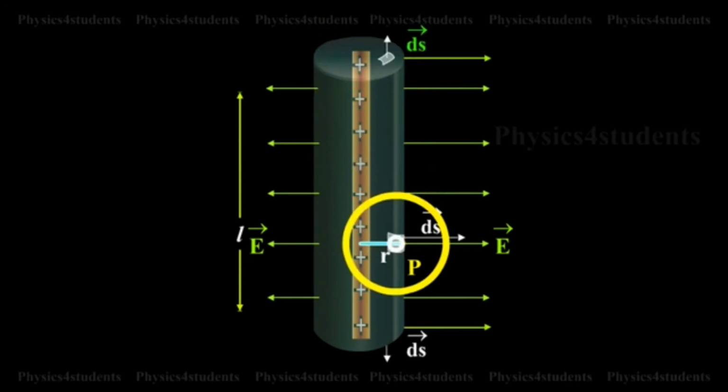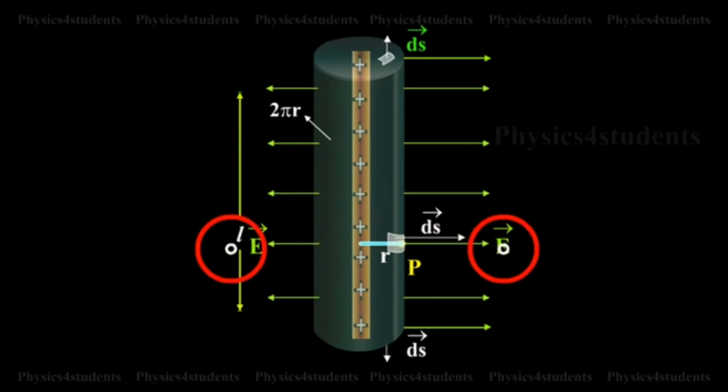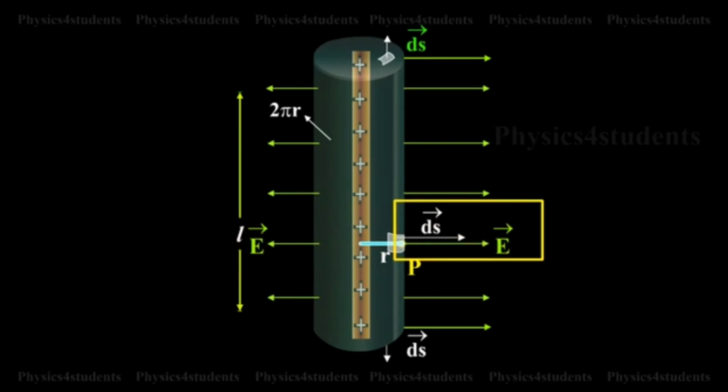Consider a very small area dS on the Gaussian surface. By symmetry, the magnitude of the electric field will be the same at all points on the curved surface of the cylinder and directed radially outward. Vector E and vector dS are along the same direction.